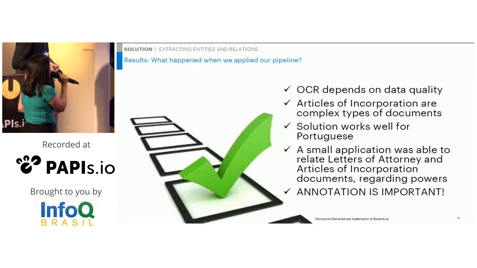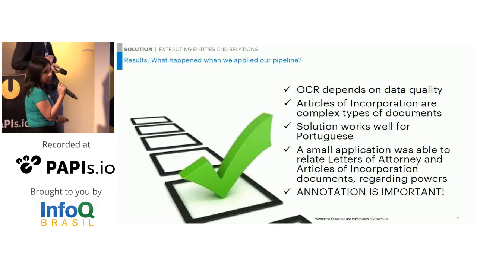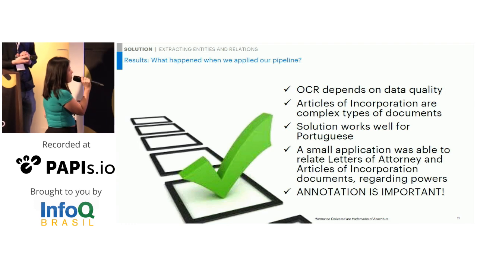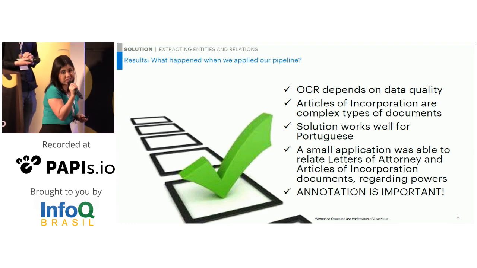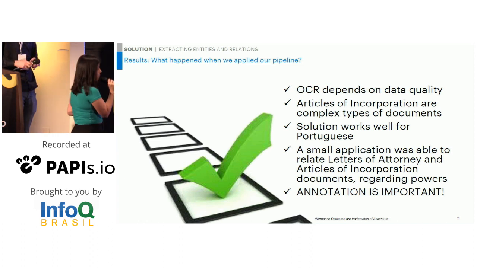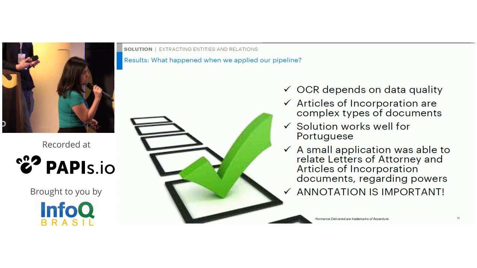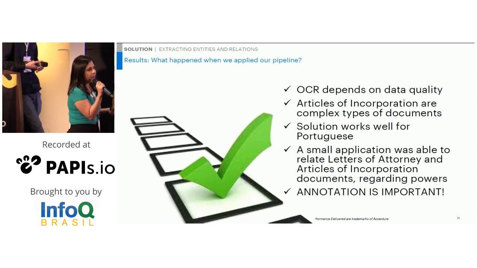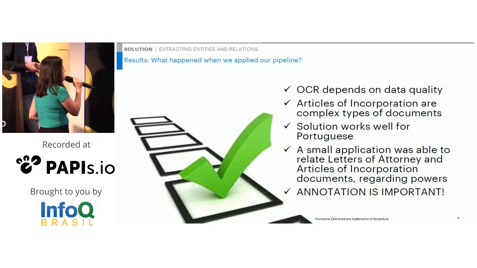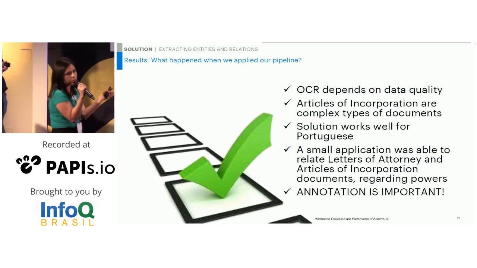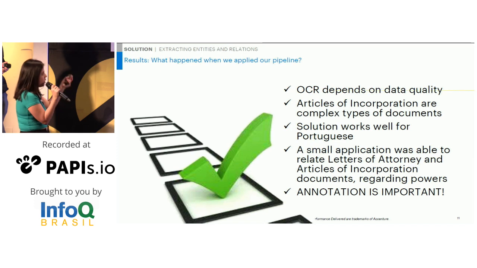Okay, so what happened when we did that? We found out that OCR depends on data quality, because some images that we had were not very good. They were blurred, and we know that OCR is not perfect. We had some problems, like sometimes the OCR was confusing Portuguese names and Russian names.